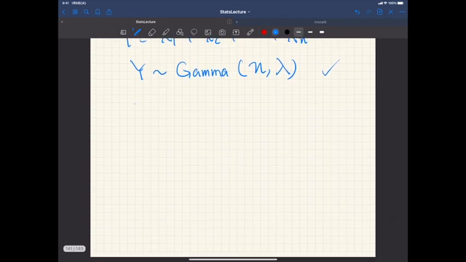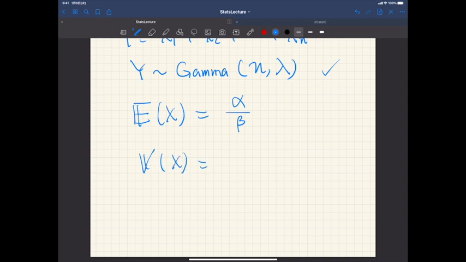And just for the sake of convenience, I just write the result of this calculation. For a gamma distribution with parameters alpha and beta, the expectation value is alpha over beta, and the variance is alpha over beta squared.